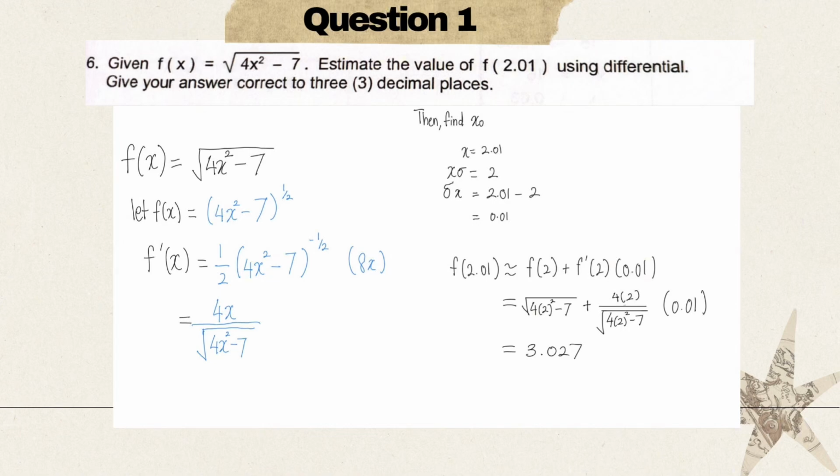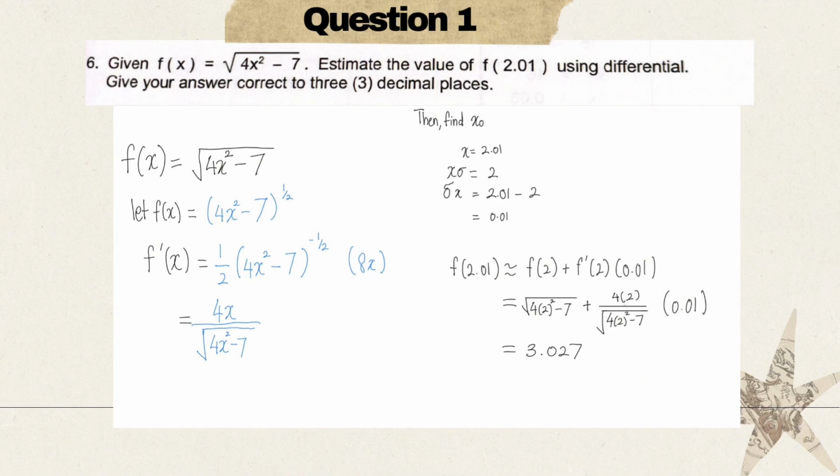Next, we set up our values. The target point x is 2.01. So we need to choose a nearby, easily calculable base point, which is 2. The small change, delta x, is the difference between them, which is 0.01. Now, we apply the differential approximation formula, which is f(2.01) approximately equals f(2) plus f prime of 2 multiplied by 0.01.